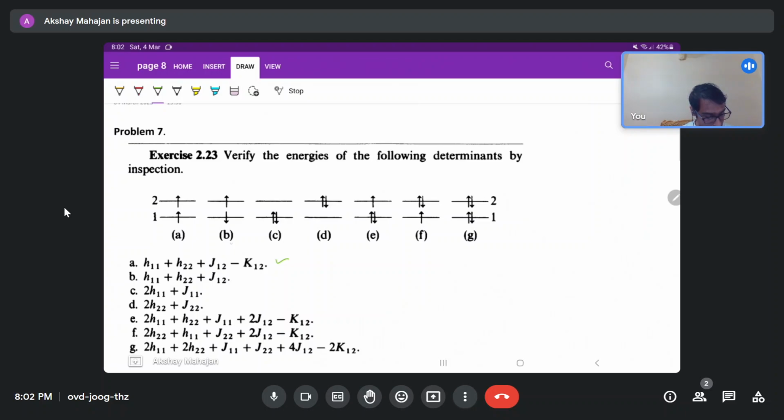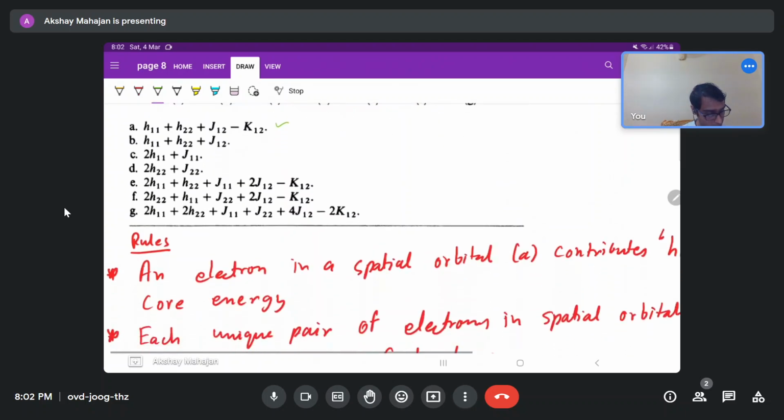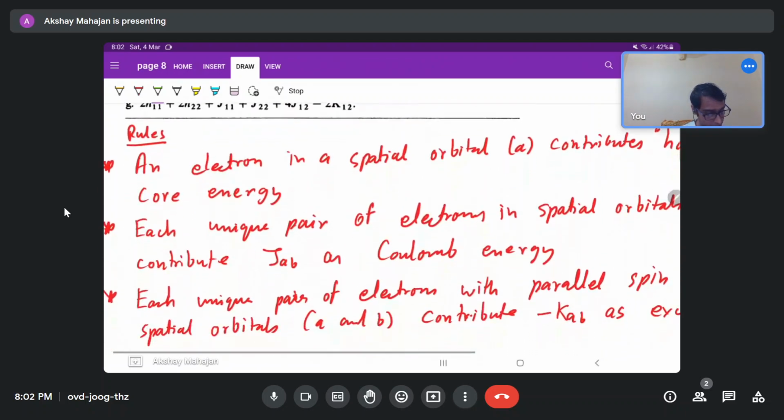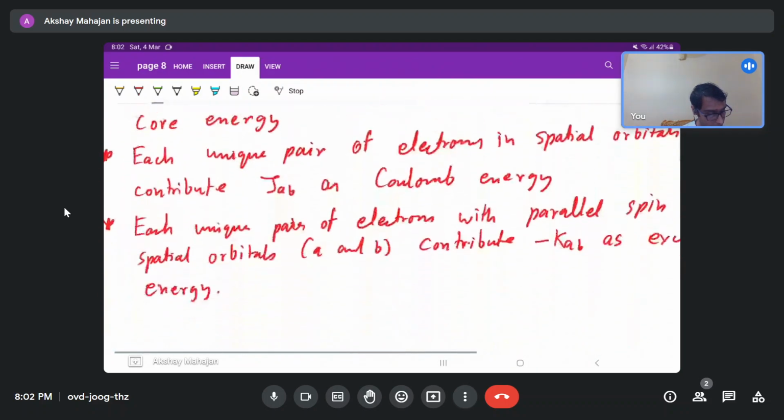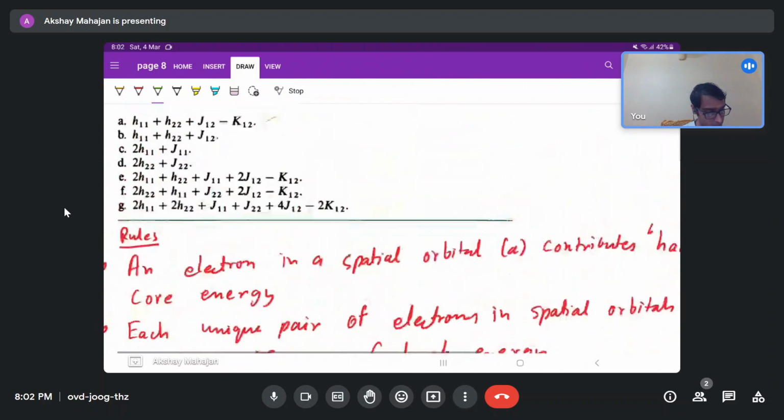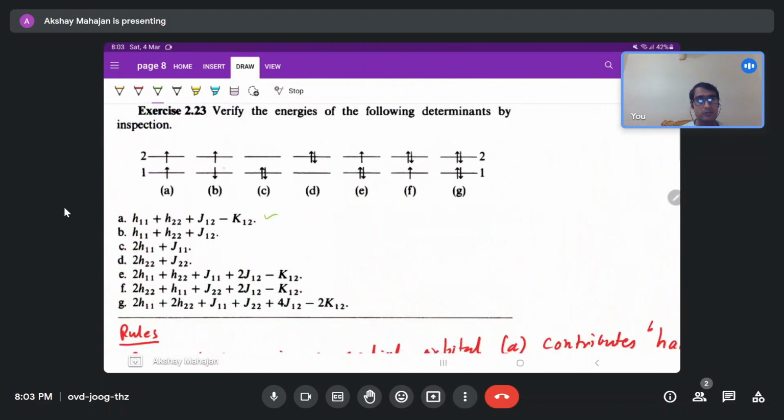For the B part, again we will have the same H11 from spatial orbital 1. Similarly we get H22, and again we get this J12 because we have one electron in each of the spin orbitals 1 and 2. But for the parallel spin part, which would give a minus KAB term, since these are anti-parallel spins, we will not get an exchange term.